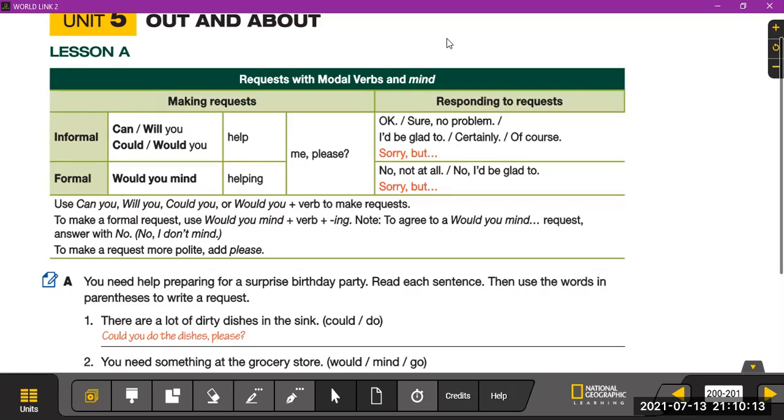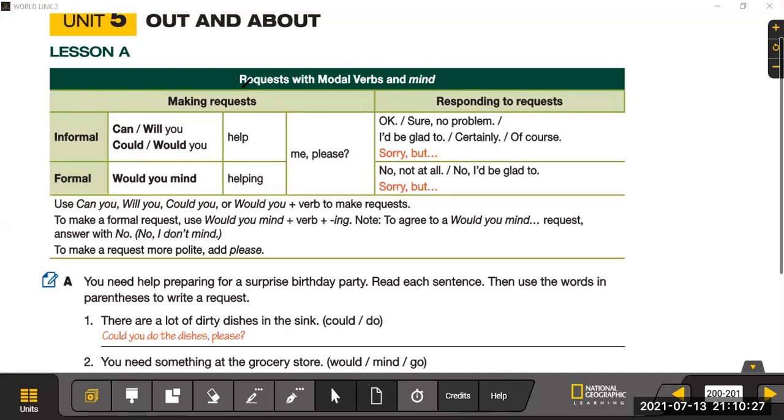Do you know the definition in English of request? No, not about verb modal, about this request. What is a request?